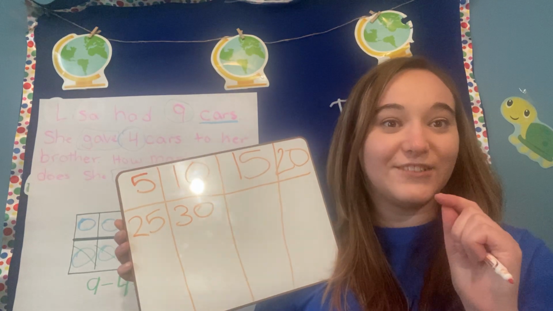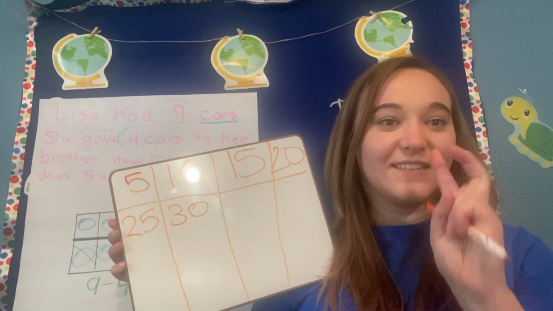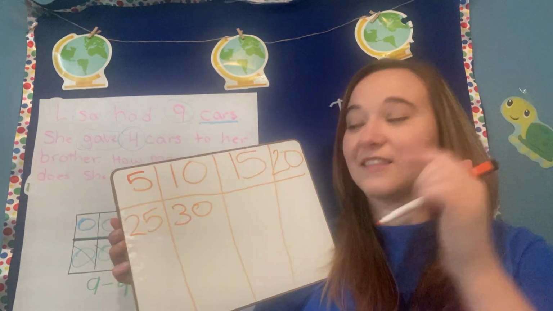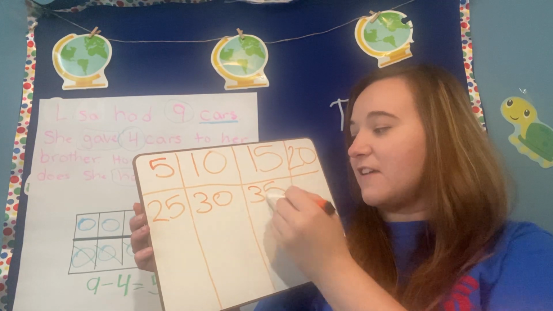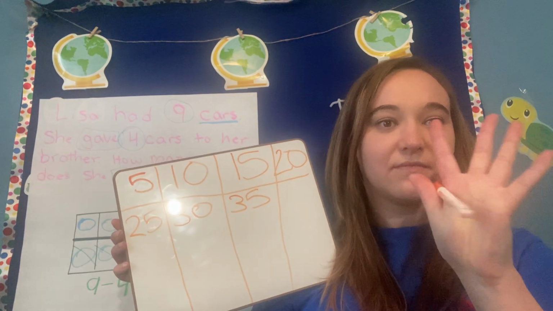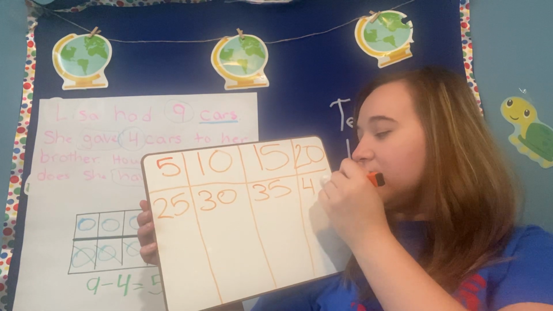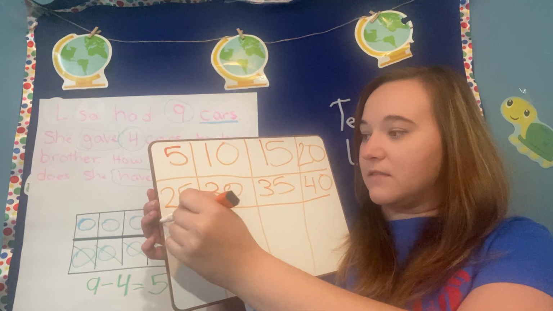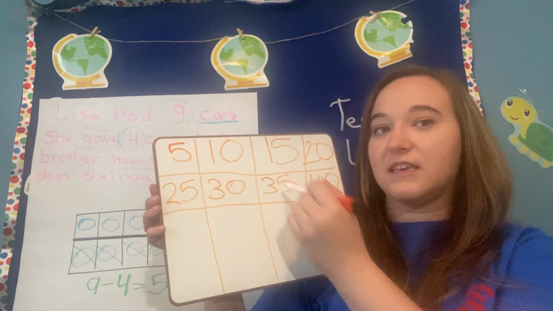What's 5 more than 30? We're going to try to count to 100. We can do it. 35. What's 5 more than 35? 40. Think about the patterns you might see in our counting.